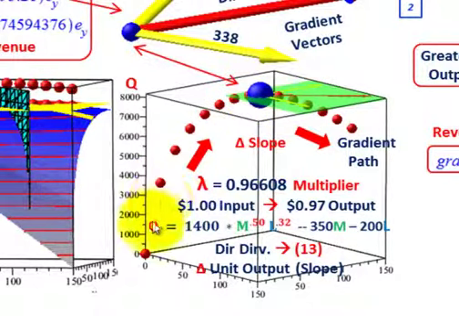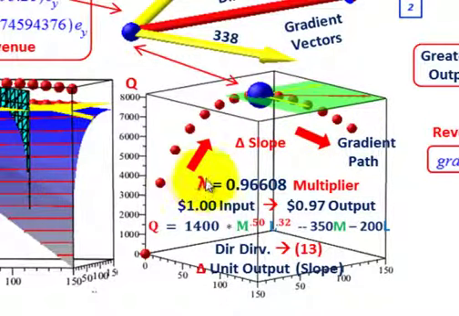You can see when we start out with very low inputs, we have a very steep slope. We're increasing our profit at a greater rate, and then we top it out. We come up to a point where we top out, and after that point we're going to be going down. That's following our change in slope, or the gradient path. So that's the key here.